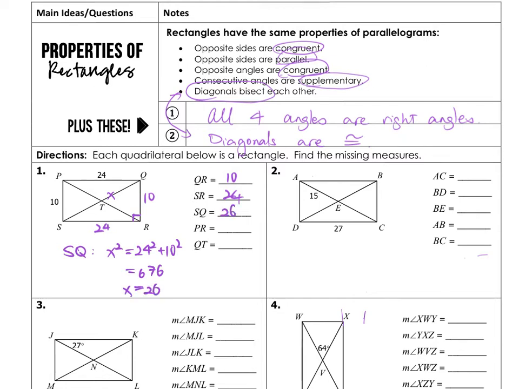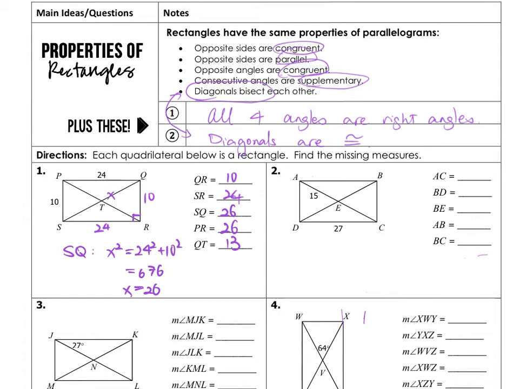So SQ is 26, and PR would be congruent to SQ, and QT should be half of that because the diagonals bisect each other. Okay, so that's a quick example of how we use the sides in the rectangle, opposite sides being congruent, to calculate the unknown sides.